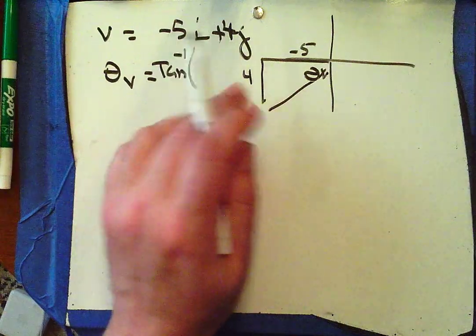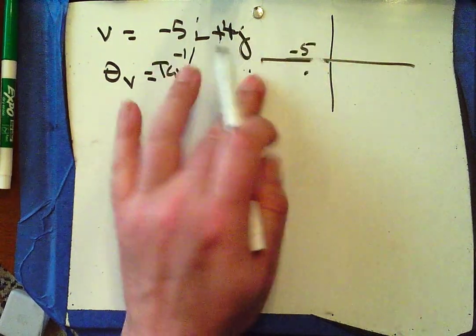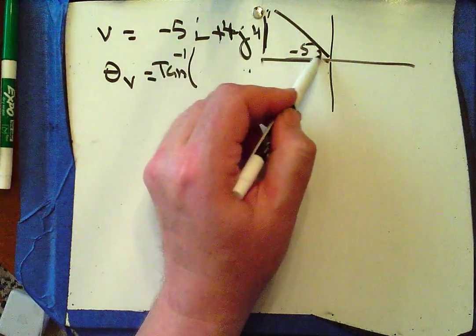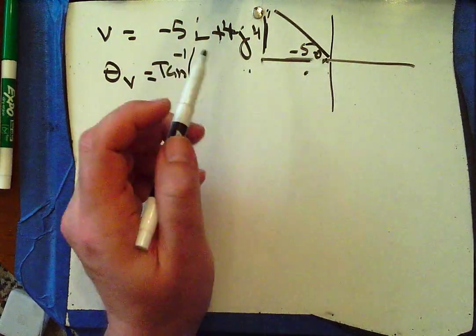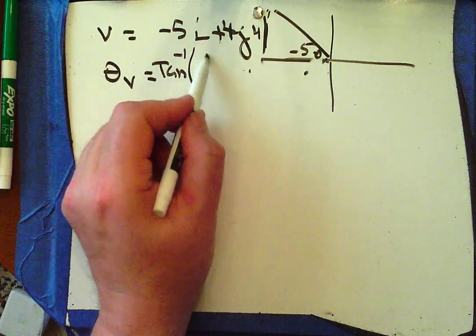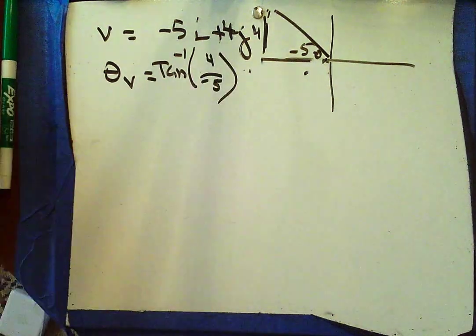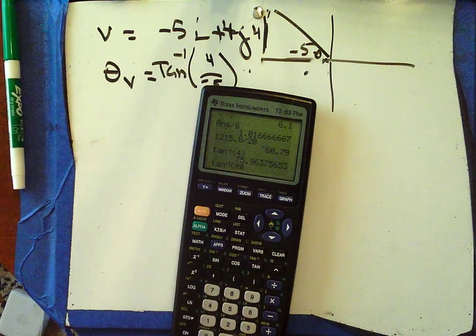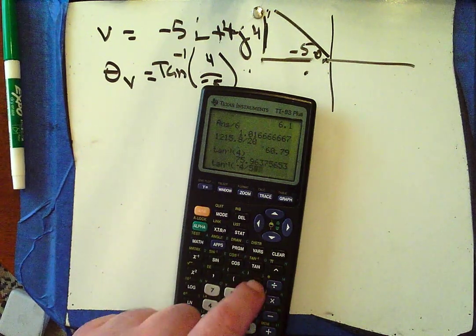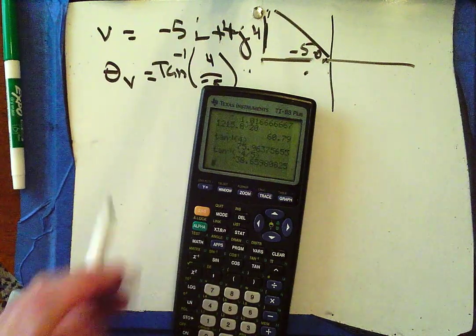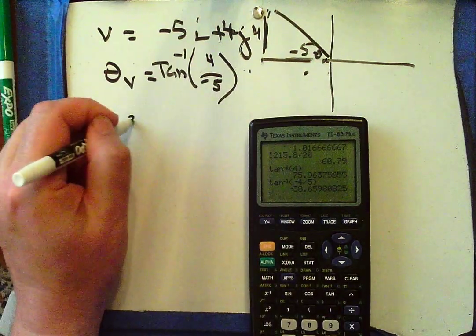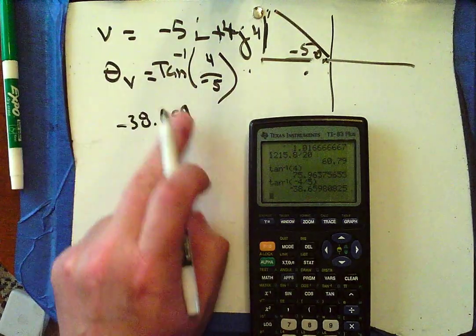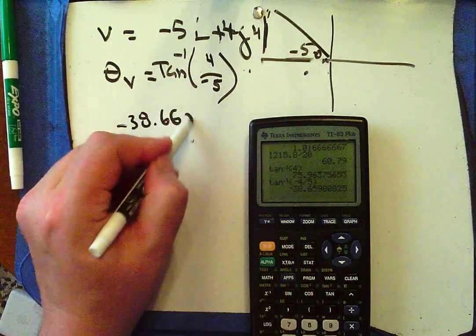Wait, I go up 4. Bad drawing. There we go. Up 4. Still theta v here. Okay, so inverse tangent of 4 over negative 5. If I do the inverse tangent of negative 4 divided by 5, or negative 0.8, I end up with negative 38.659, or actually 660 degrees.